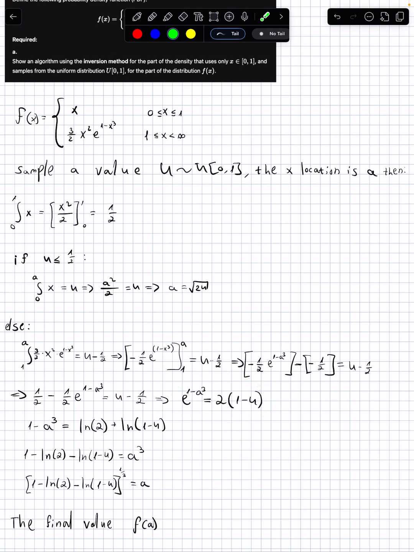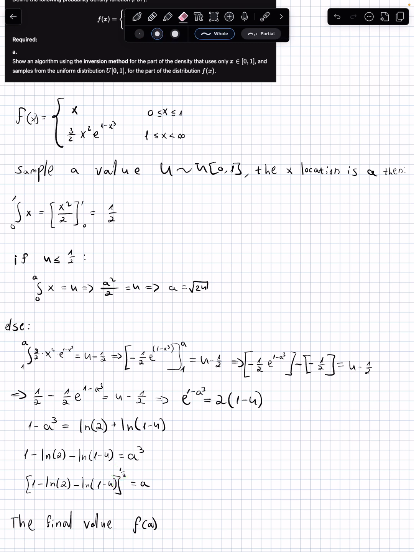So this is a bit long, but as you see, eventually we get to this equation. Whenever we get u that is bigger than half, this is what we are going to do. It's going to be 1 minus ln of 2 and then minus ln of 1 minus u, all to the power of 1 divided by 3.